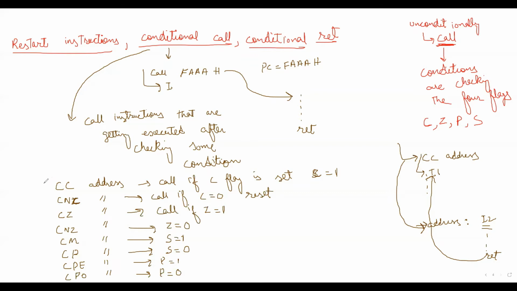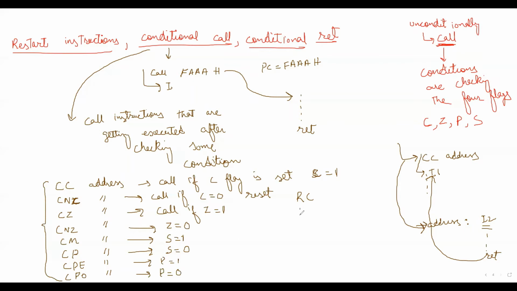Okay, so these are the conditional call instructions. Likewise, we have conditional return instructions, so I won't be explaining them in detail. For example, one is RC. It says return if carry flag is set. That means go back only if the carry flag is set. If the carry flag is not set, don't return, go to the next instruction after this return.